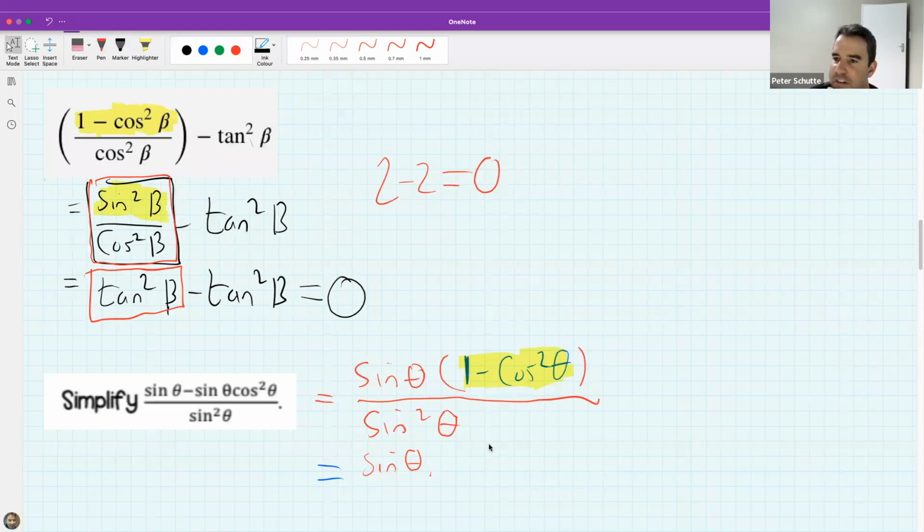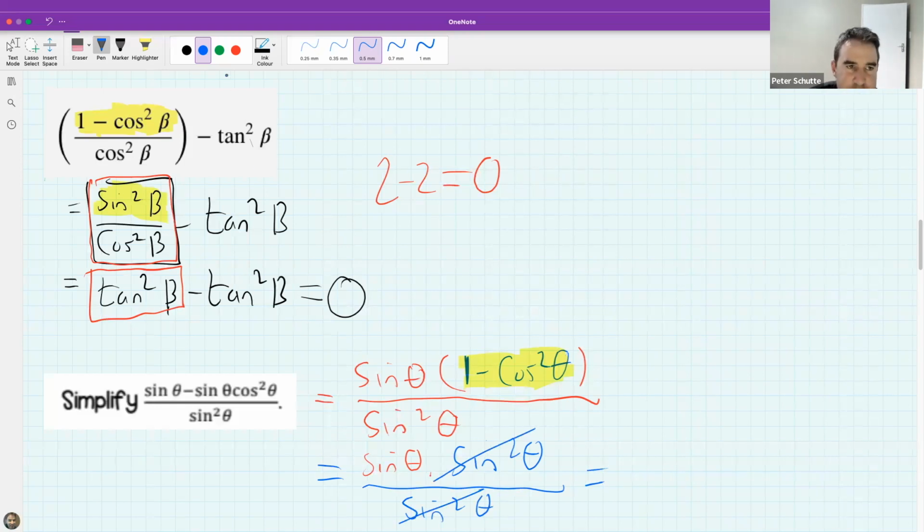We have a little bit of feedback. No stress. There we go. Can you hear me? Oh, yes. What I'll do is that I'd say 1 minus cos squared theta is sine squared theta, and they cancel each other. Then the answer is sine theta, I think.